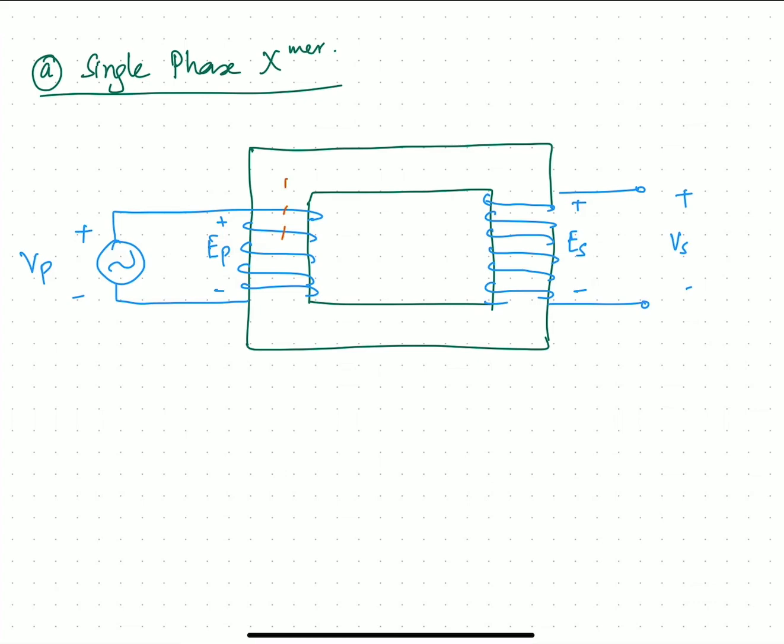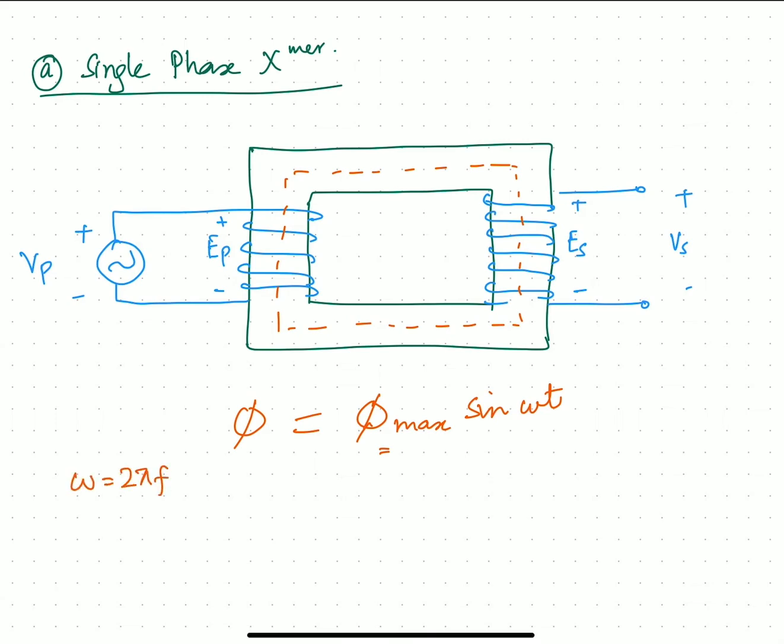And if this is the flux in the core like this, we know that the flux phi in the transformer is a sinusoidal function. So we can write the flux phi as phi max sine of omega t, where this phi max is the maximum value of flux, right? Omega is the angular frequency, and it is 2 pi f radians per second.